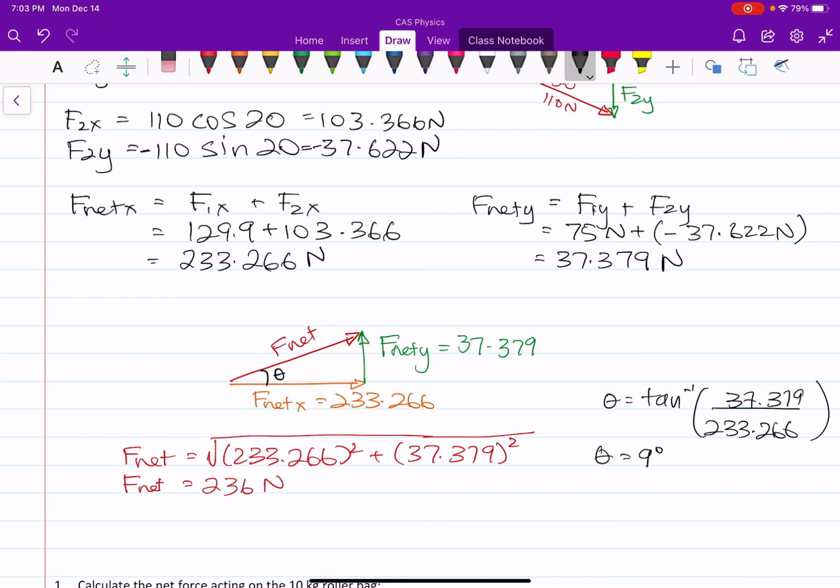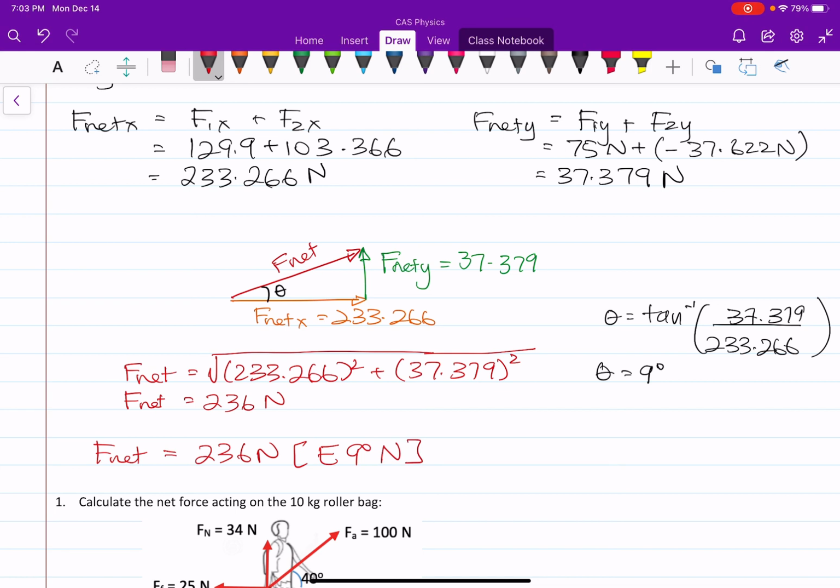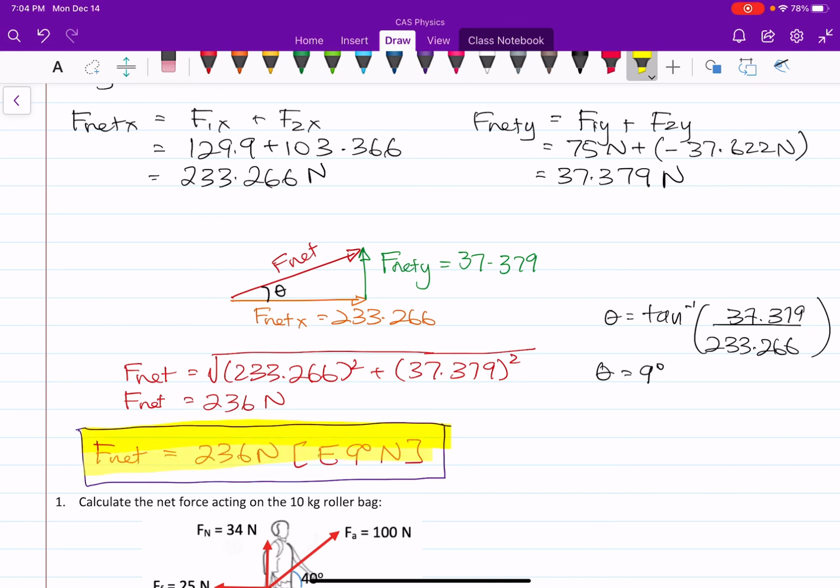It's a positive angle, so it's up, right? So if I was to write this out as a statement, F net is equal to 236 newtons, east 9 degrees north, according to that diagram. That's my final answer, and it takes into account the directions of the different vectors and which direction the final net force is pointing.